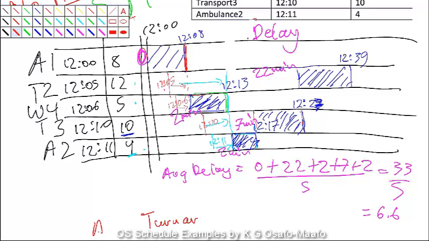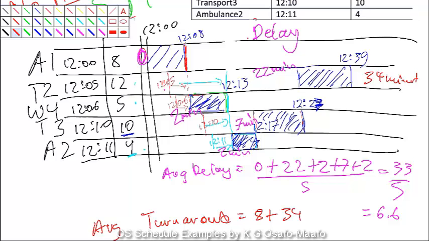The average turnaround time. Right. So first one came in at 12, finished at 12:08, so it's 8. This one came in at 12:05, finished at 12:39, and that is 34 minutes in total.